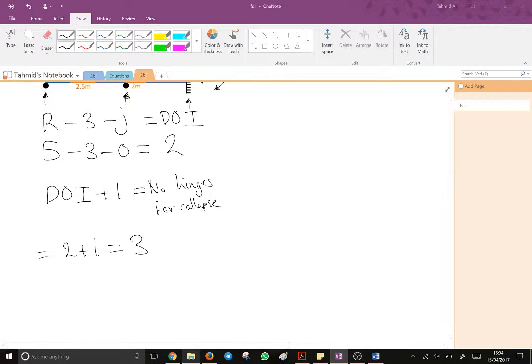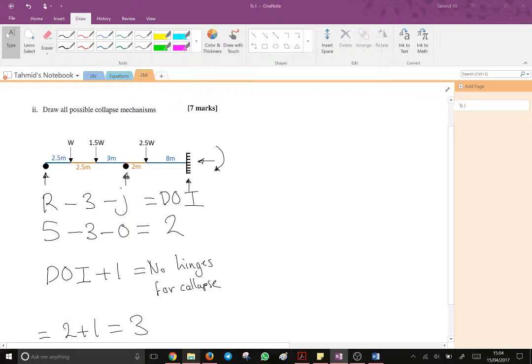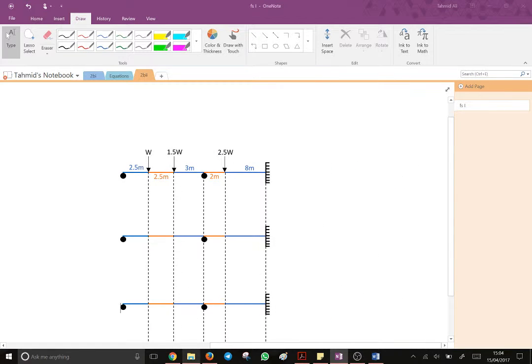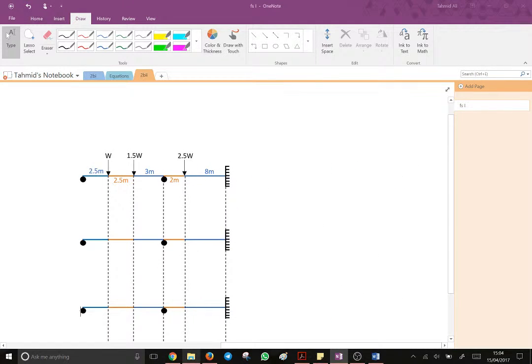Now we have to draw all the possible collapse mechanisms. So let's look at this section. When it comes to beams, the best thing you can do is split them. You split the beam along the supports.